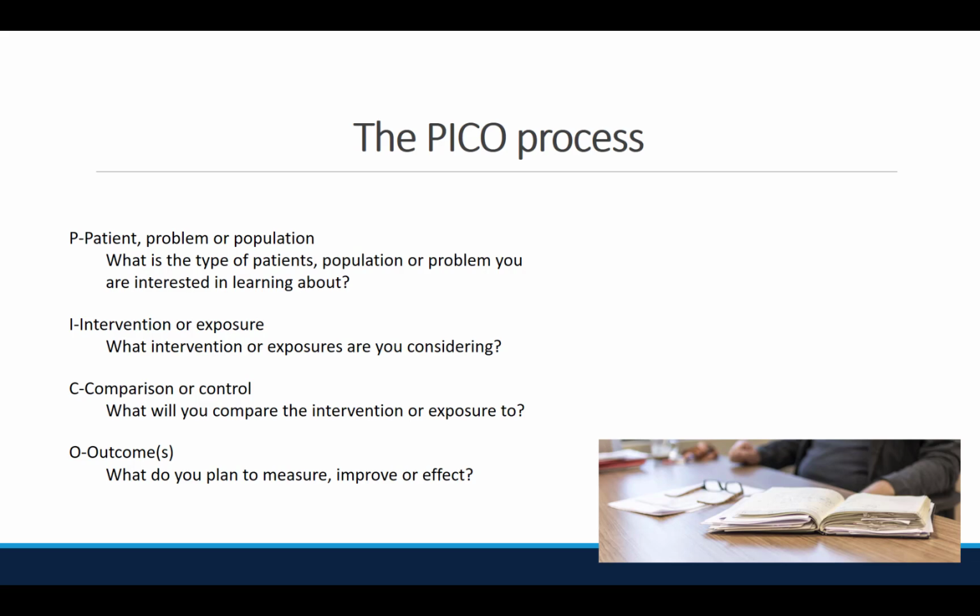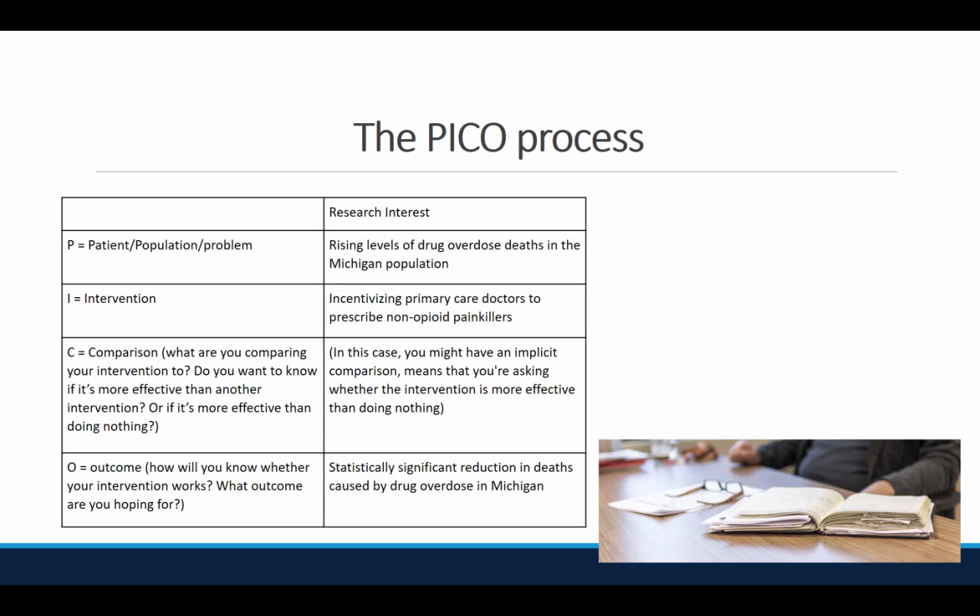What intervention or exposure are you considering? C, comparison or control. What will you compare the intervention or exposure to? O, outcomes. What do you plan to measure, improve, or affect? The following example comes from the link given in the script.